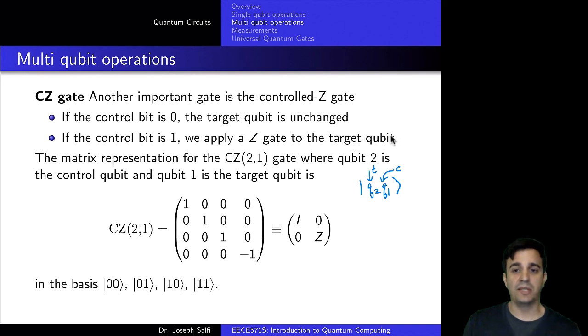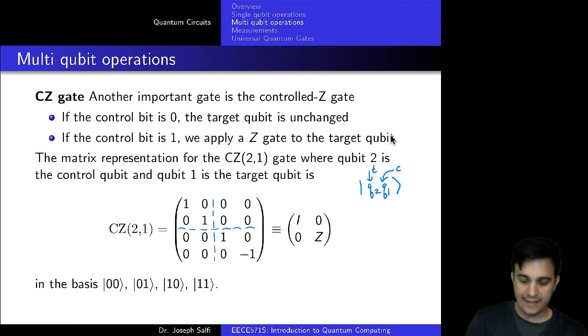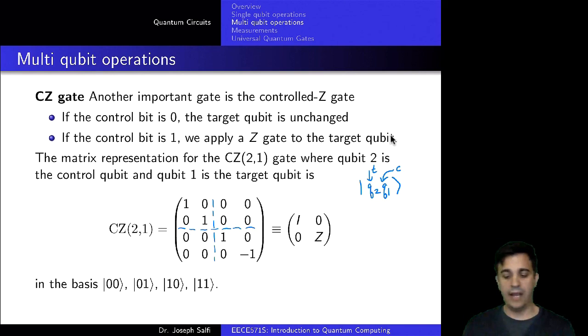The matrix representation of this is an identity gate for when the control qubit is 0, and the Z gate for when the control qubit is 1. Again, in this basis.